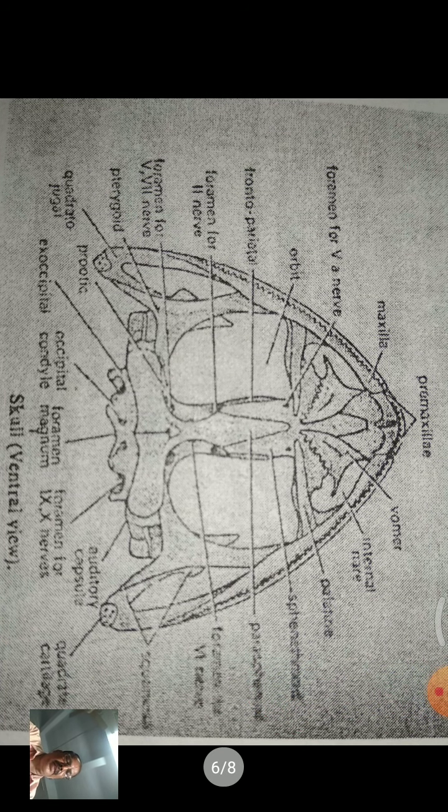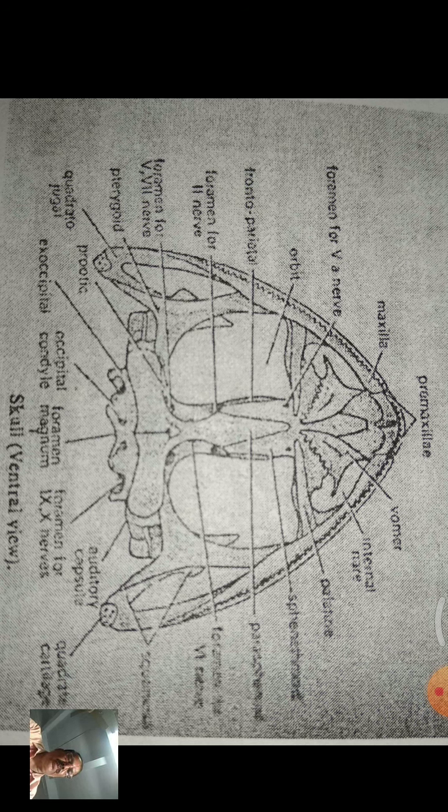The ventral view of the skull bone shows premaxillae, maxilla, foramen, orbit, frontoparietal, foramen, pterygoid, quadratojugal, prootic, exoccipital, occipital condyle, foramen magnum, auditory capsule, quadrate cartilage, squamosal, pterygoid, sphenoethmoid, palatine, vomer, internal nares.